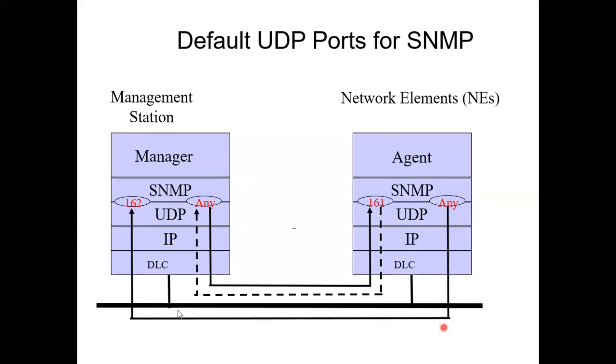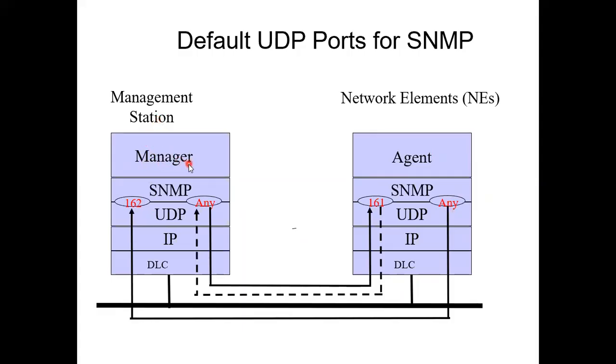You can see it's unidirectional. This diagram I took from the internet. We know that the agent generates only the trap message. The trap message is generated by the agent and received at port number 162 of the manager, or the management station.